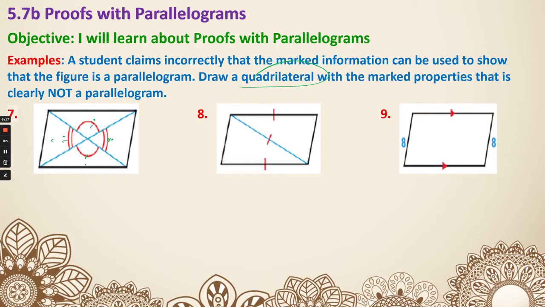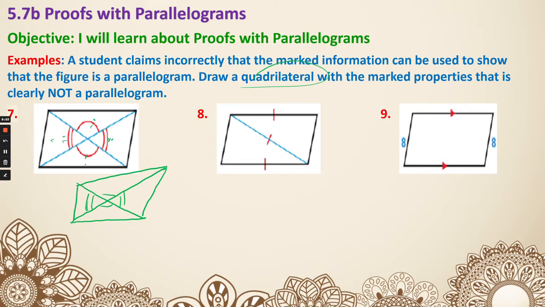So for example, I can just do 2 random lines. And because they're vertical angles, of course they're going to be the same. And you can tell that is not a parallelogram. But it still satisfies these two being the same and these two being the same because they're just vertical angles. So number 7.